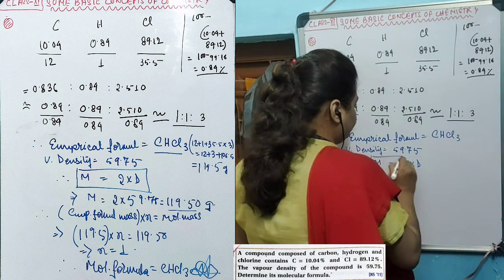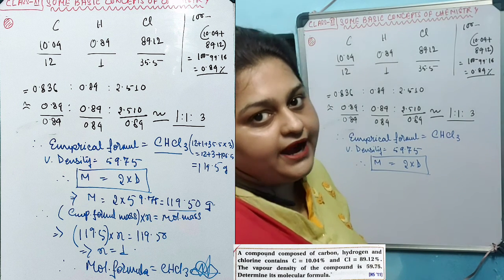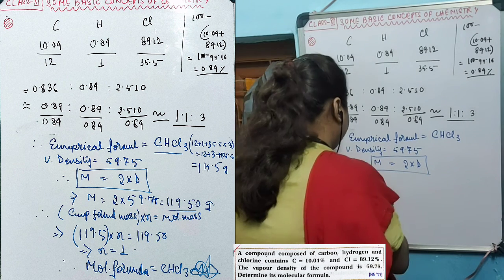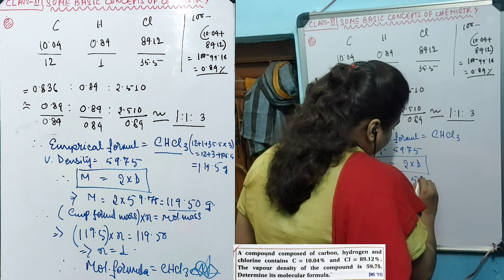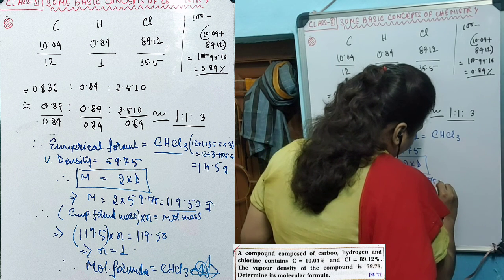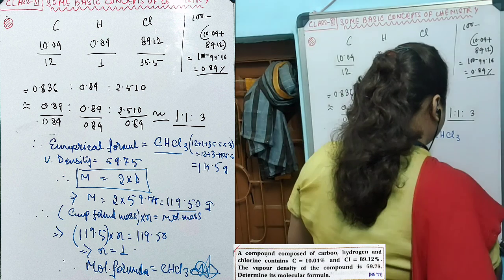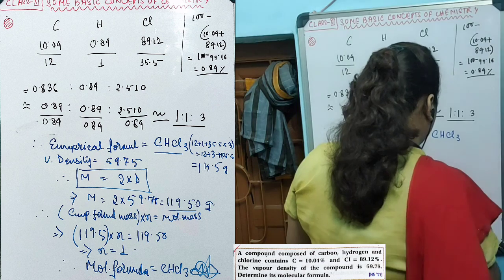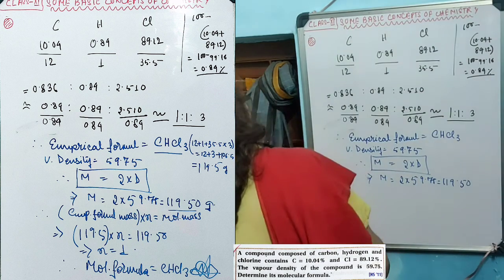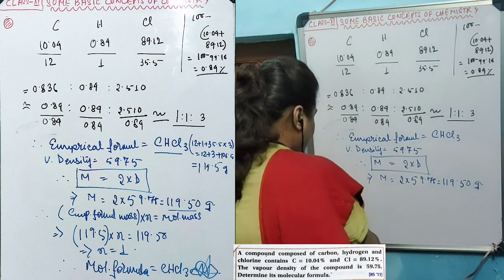For any compound, the molecular mass is equal to 2 multiplied by the vapor density. Therefore, we can find the molecular mass of this compound by multiplying the vapor density 59.75 by 2. It will give 119.5 gram.